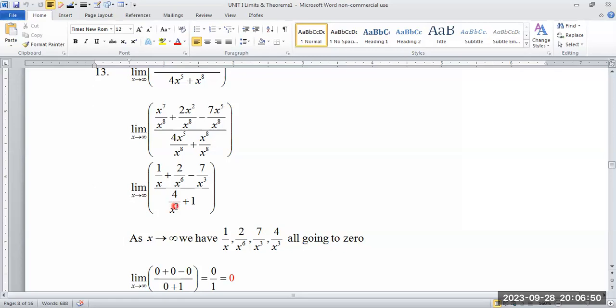And x to the 8th divided by x to the 8th is simply 1.